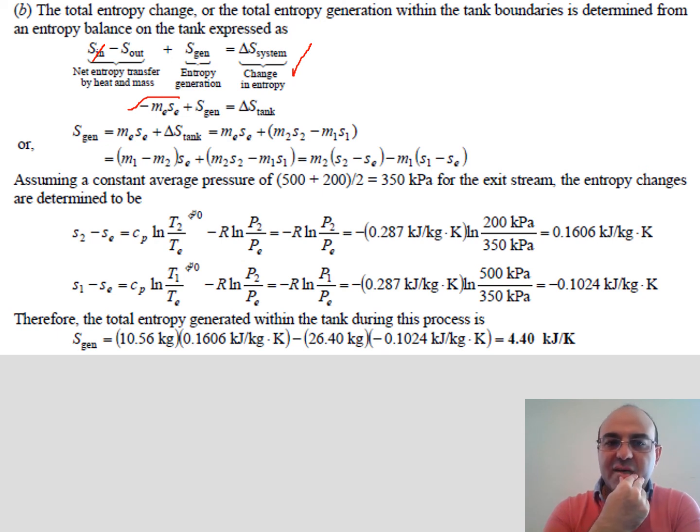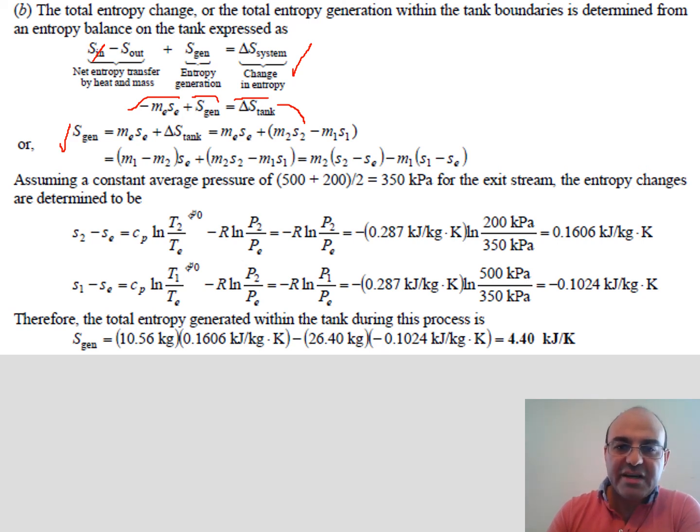Plus entropy generation, which usually we cannot do anything about. It has to be found by finding the other terms, and it's equal to delta S of the tank. So delta S of the tank is equal to M2S2 minus M1S1. So entropy generation is therefore rearranged as equal to MeSe plus M2S2 minus M1S1.